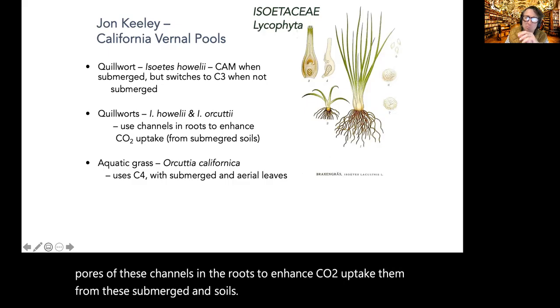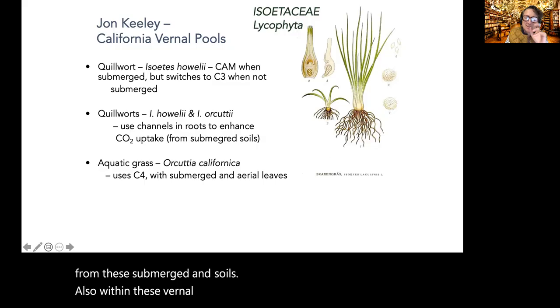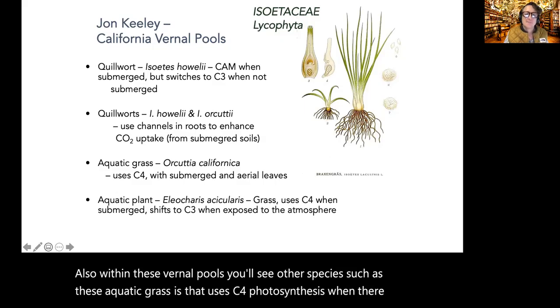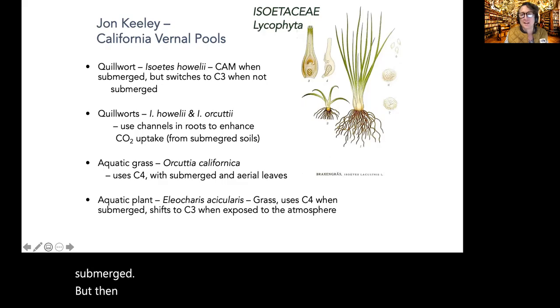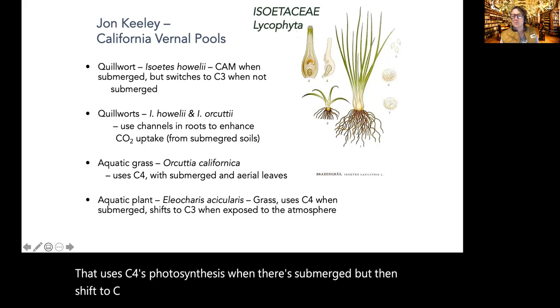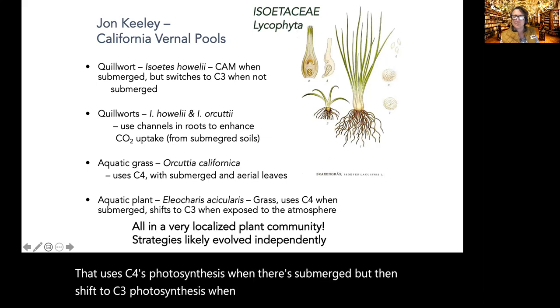Also within these vernal pools, you'll see other species, such as these aquatic grasses, that use C4 photosynthesis when they're submerged. But then there are other aquatic plants that use C4 photosynthesis when they're submerged, but then shift to C3 photosynthesis when they're exposed to the atmosphere.